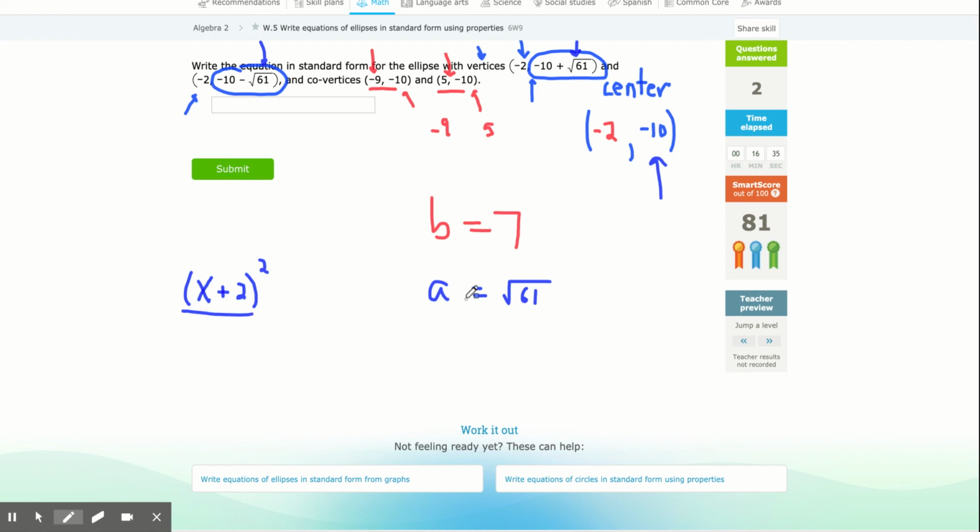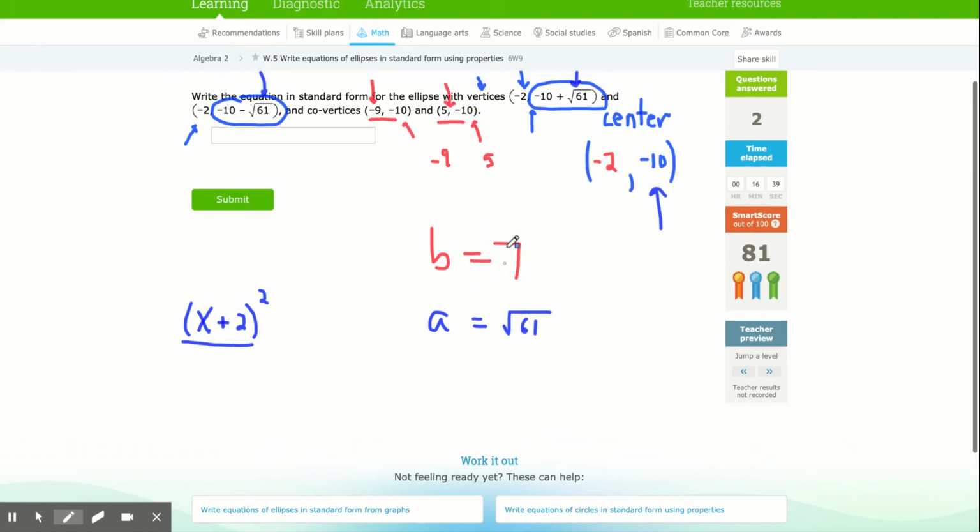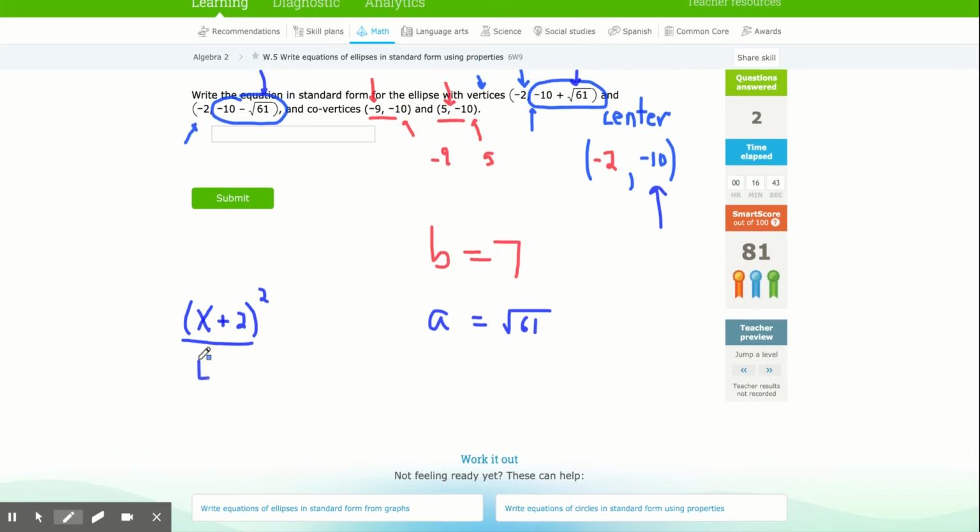Now, since the covertices were left and right, this is going to be my b value squared, or 7 squared, which is 49, plus y minus my center's y value, but it's a negative 10, and minus a negative 10 means it's plus 10, in parentheses squared, all over my a value squared.